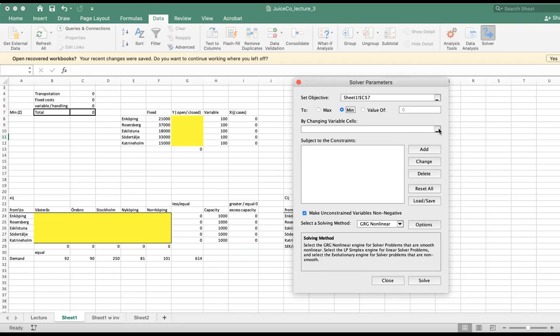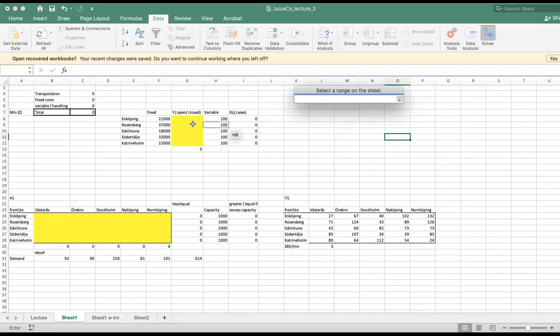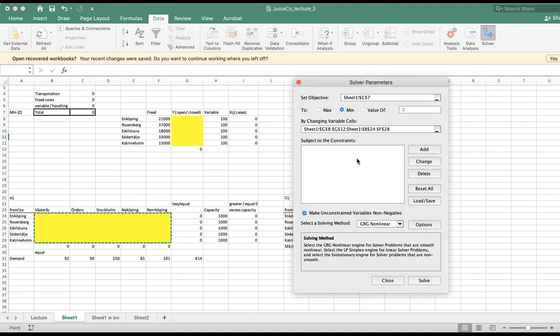So the algorithm will know that these are the changing variables, they are not static. So you click here, you put this multiplied by, in your case it would be a comma, in my case it is a semicolon, multiplied by these xij's, and then we say okay.